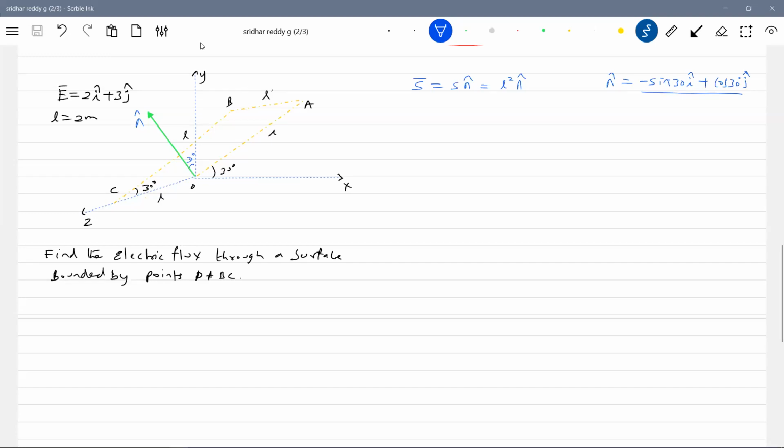Unit vector making an angle 30 degrees. This will be minus 1 by 2 I cap plus root 3 by 2 j cap. How much denominator should I write? Sir, no need to write. It's a unit vector, no?